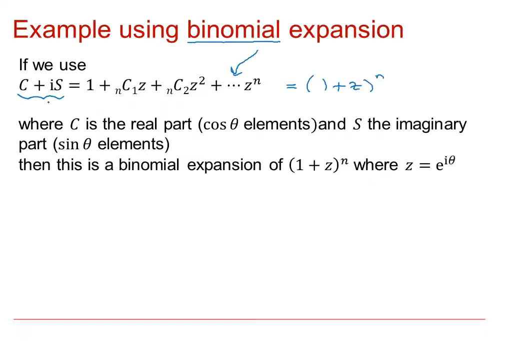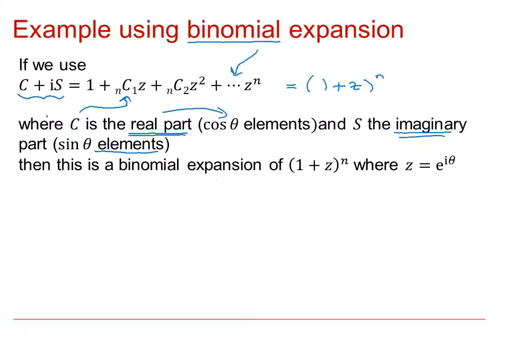Notice the capital C and capital S. Capital C is used to represent the real part of the problem, in other words all the cosine elements, and capital S is used to represent the imaginary part, in other words all the sine elements of the pattern. Don't confuse capital C with the combination C used in the binomial theorem.